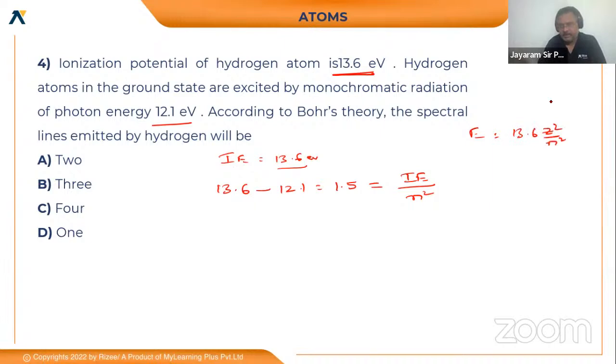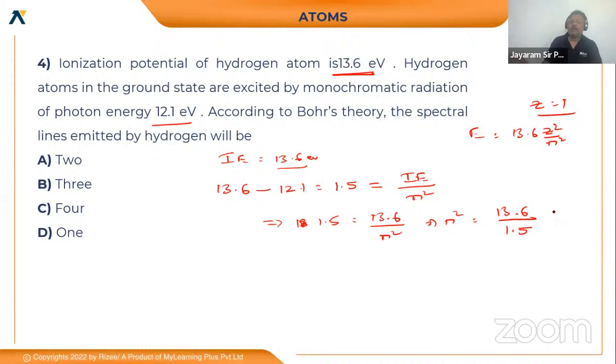Since here it is hydrogen, the Z value is 1. Solving this, 1.5 is equal to 13.6 by n square. From this, n square is equal to 13.6 by 1.5, which is about 9. So it is almost equal, I'm just going for 9. So n should be equal to 3, and the lines emitted is going to be this one.